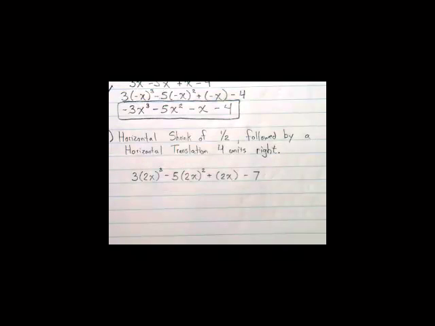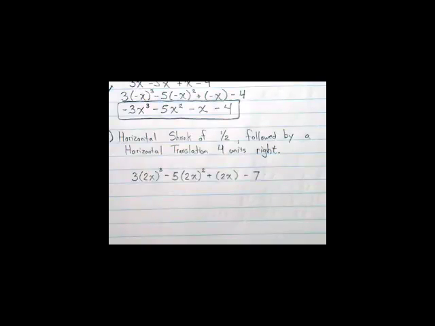Okay, there's my horizontal shrink of 1/2. Now I can simplify this thing up, right? Each one of those 2x's raised to a power, those are going to change as I multiply, and then I can rewrite this thing and go from there. But that's how you set it up, at least to get it started.